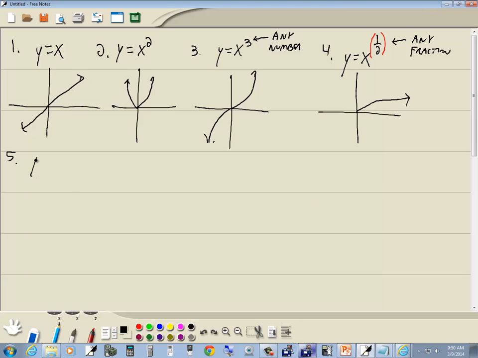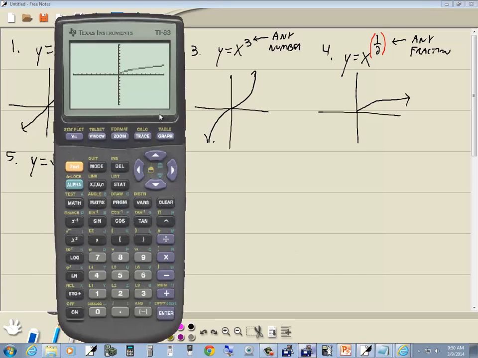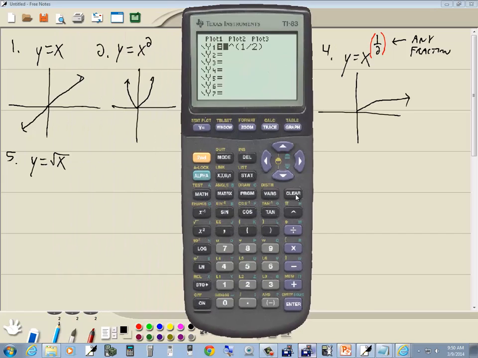Now our fifth one we want to look at is the square root of x. So I'm going to press my y equals, clear, the square root. Not everything can be on a button. Some things are above a button. If you see here your x squared, there's a square root symbol above it. So to get to that, we're going to push our second button one time, and then we'll push the x squared.